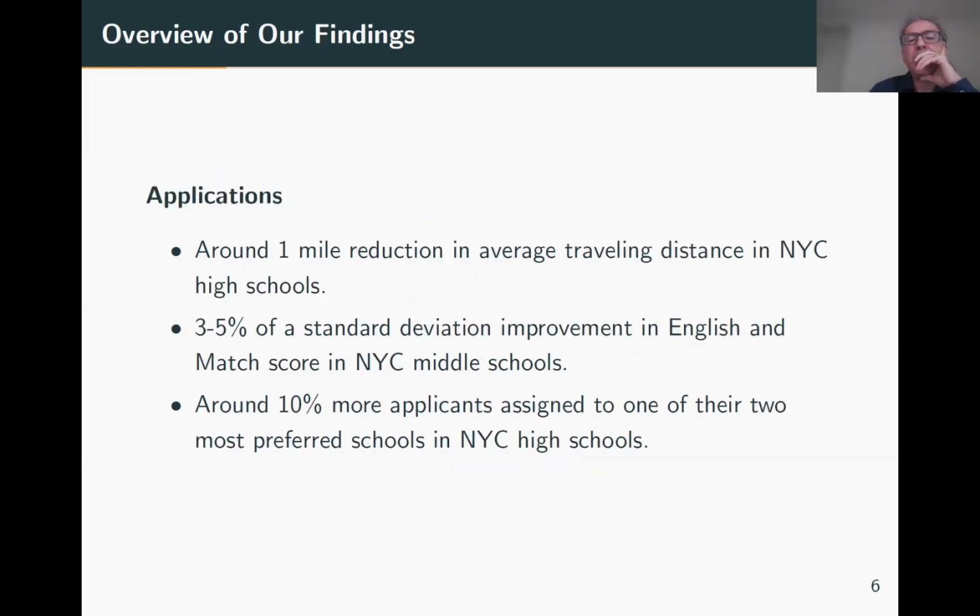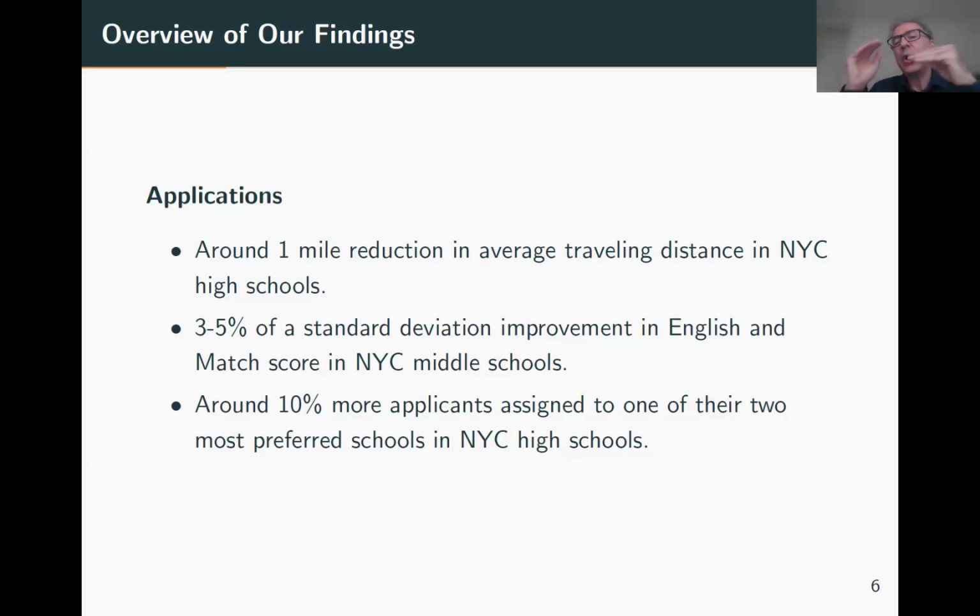So a quick overview of the results in applications. When I apply our match quality optimal algorithm, what do we get? On average, New York City kids can be assigned about a mile closer to their home. For middle school students, when we take into account match quality between a student and a school in terms of math achievement and reading scores, the students' math and reading scores can be increased by 3 to 5% of a standard deviation on average.